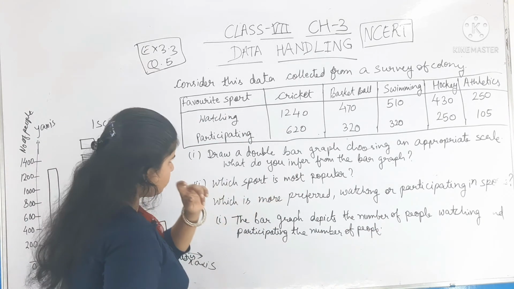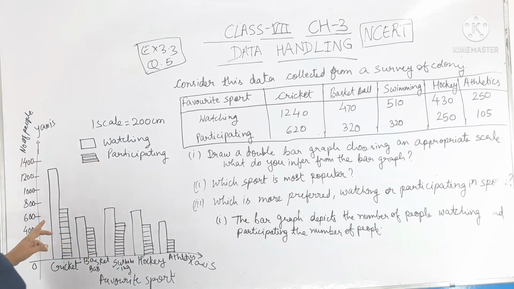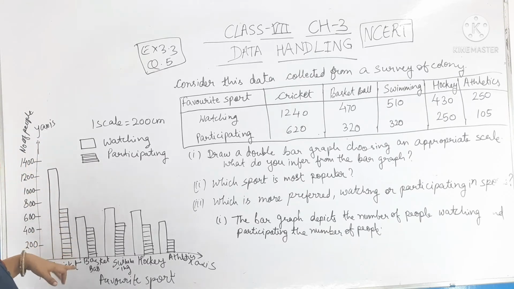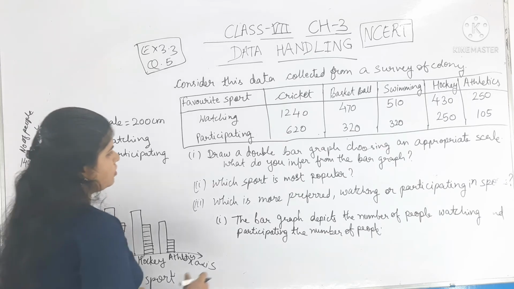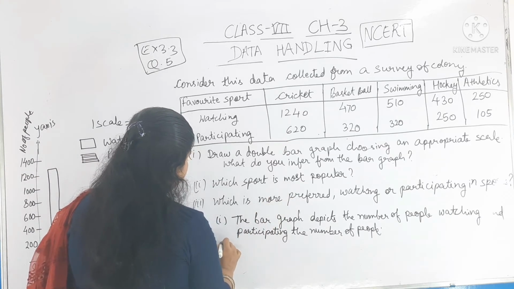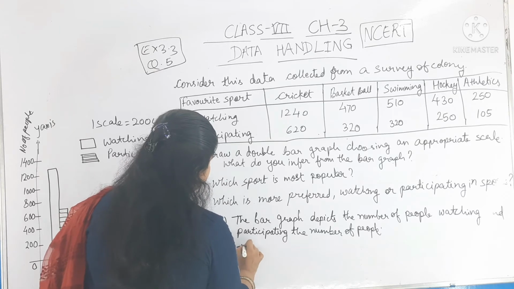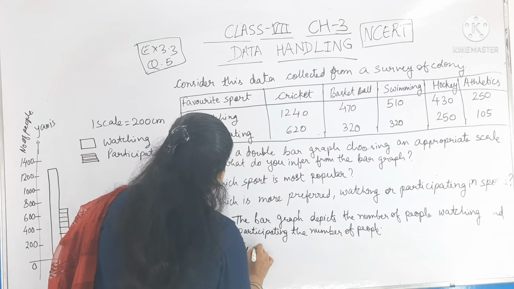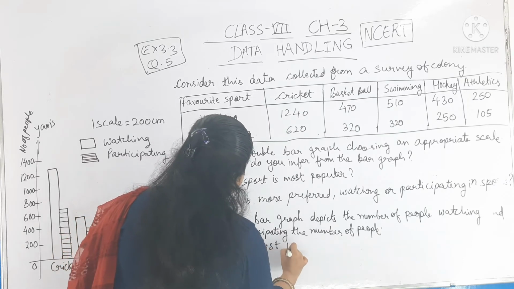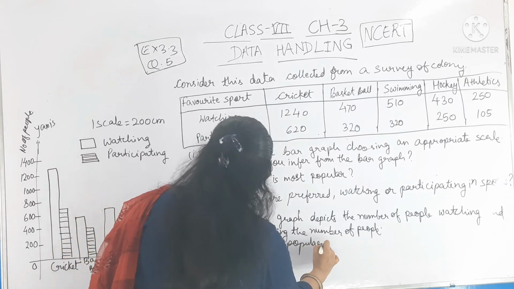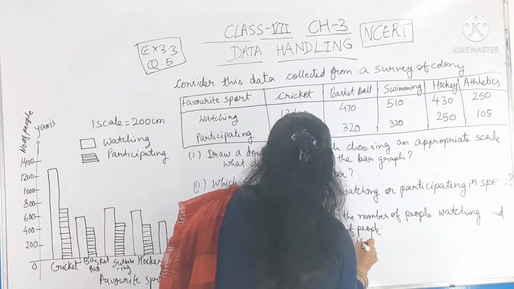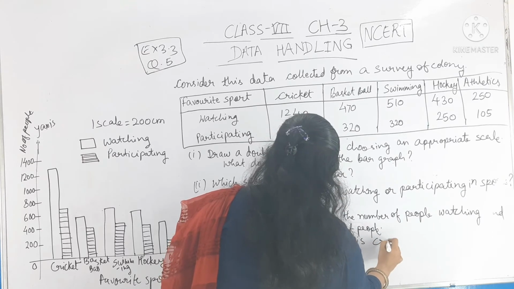Which sport is most popular? You can see that the tallest one is cricket, that is 1240. Watching and participating both are highest for cricket. So the most popular sport is cricket.